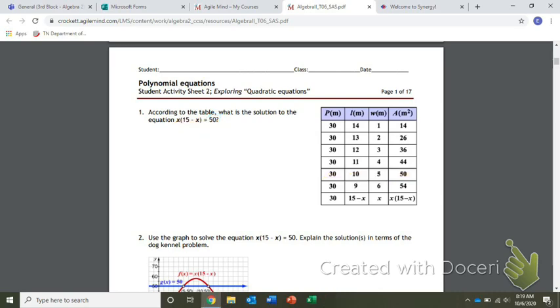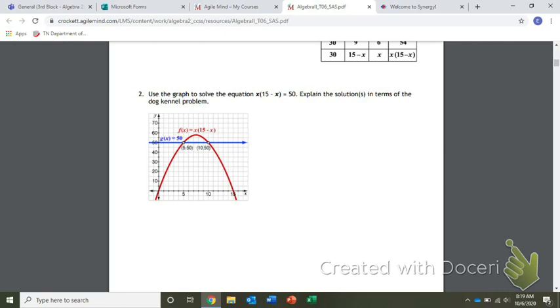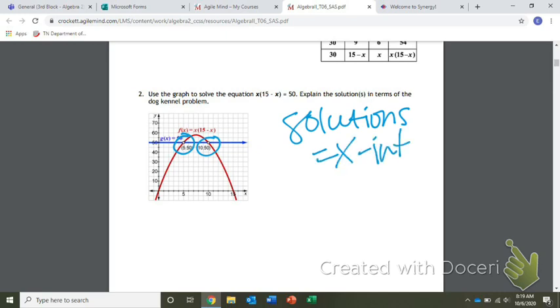If you look at number 2, I want you to circle where the two lines intersect. Now remember, our solutions are our x-intercepts. We always want to use our x values when we're finding our solutions.